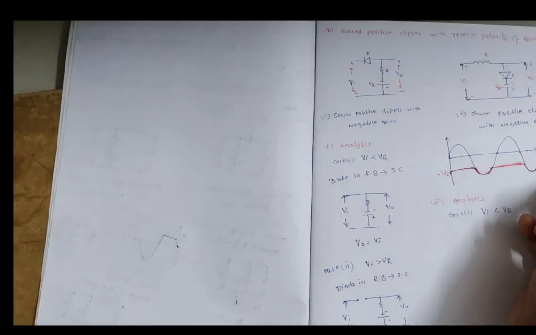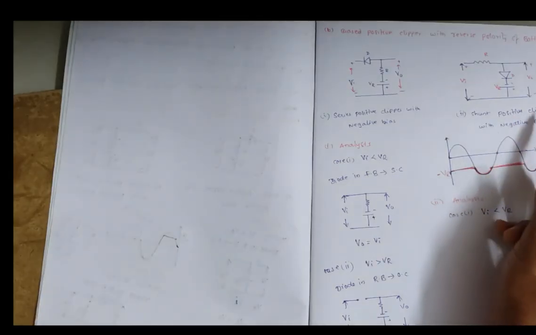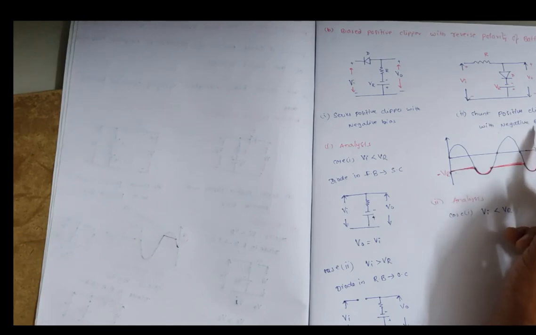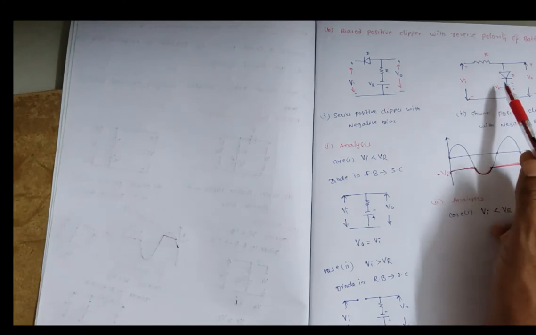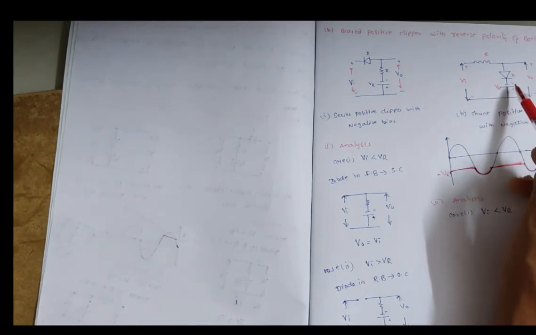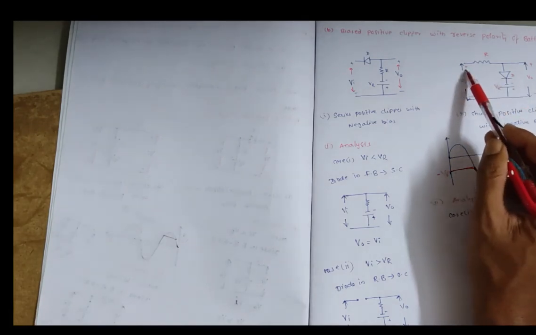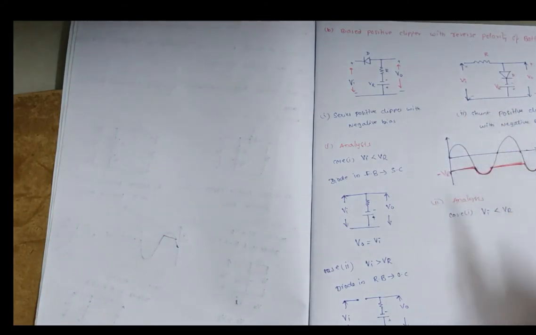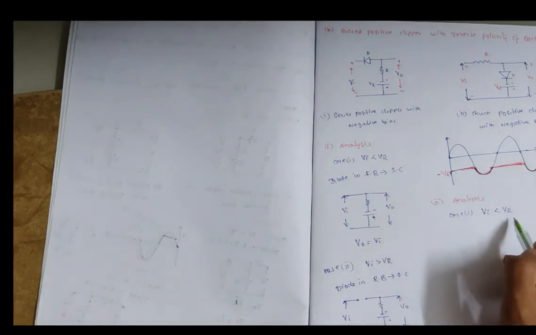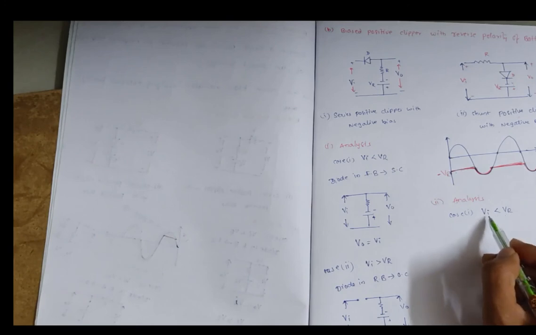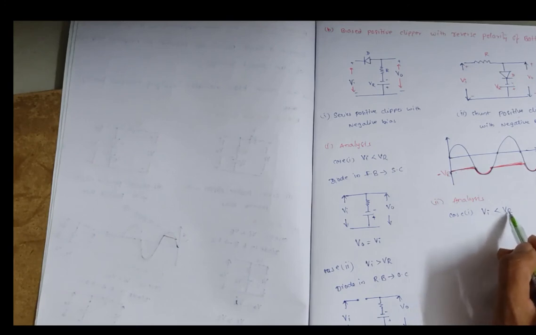And coming to the next circuit, shunt positive clipper with negative bias. Here it is a shunt positive clipper, but we are applying the negative bias. We are connecting the negative terminal of the battery to the cathode terminal of the diode, and the input is connected to the anode terminal. In the first case we consider Vi is less than VR, that means input voltage is below the reference voltage.